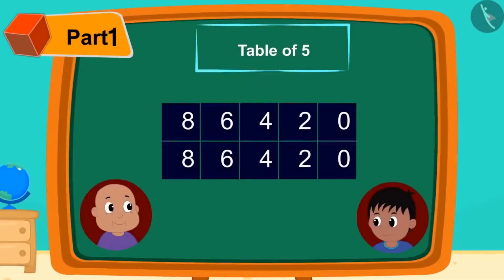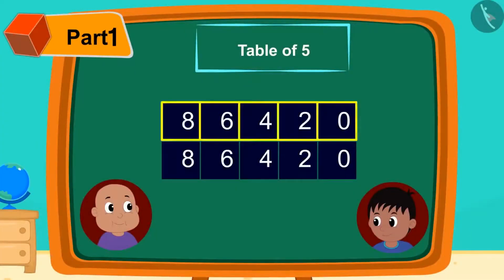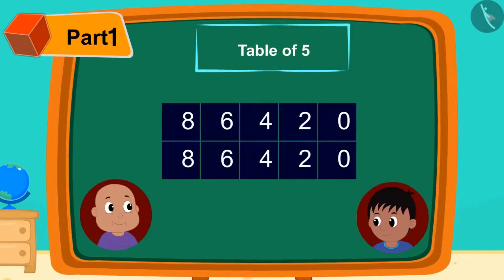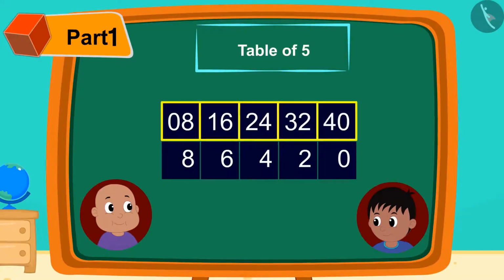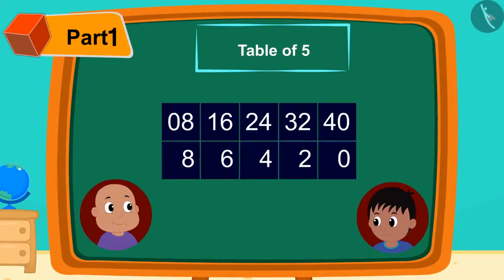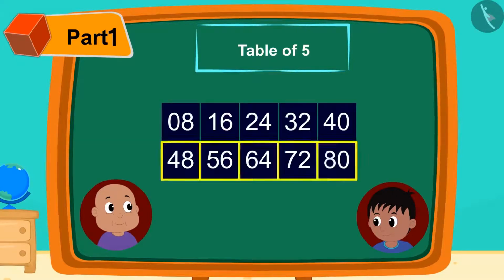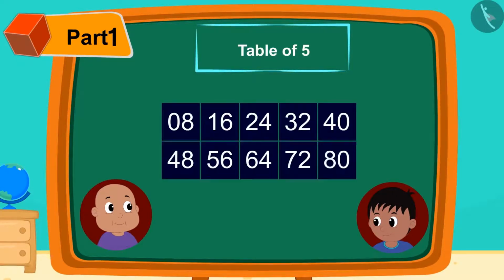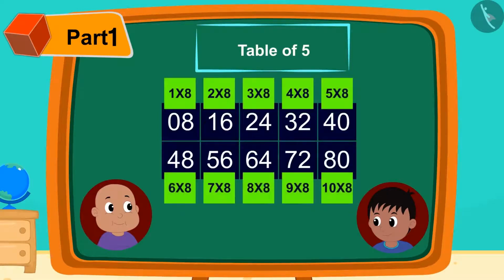Now in front of the digits written in the first line, Raju wrote 0, 1, 2, 3, 4 in this way. Then in front of the digits written in the second line, he wrote 4, 5, 6, 7, 8 in this way. And the table of 8 was ready.